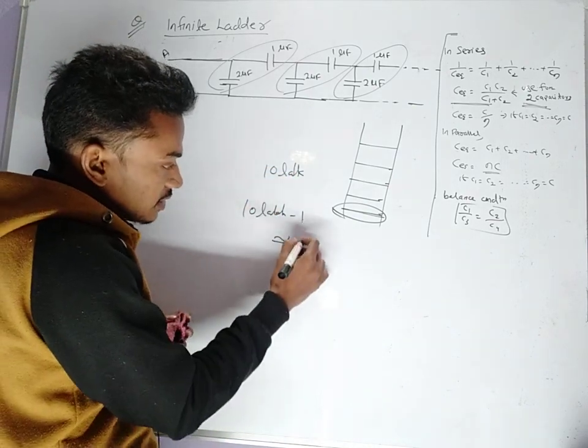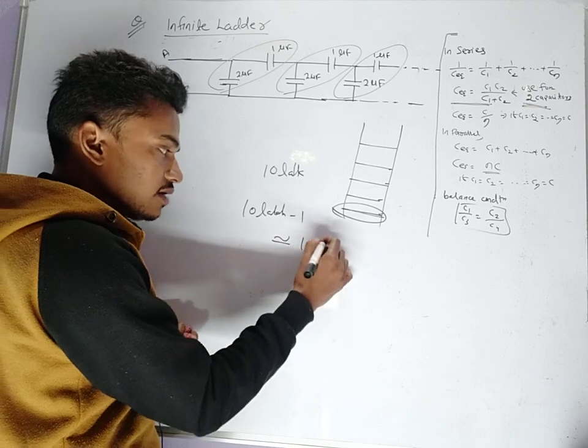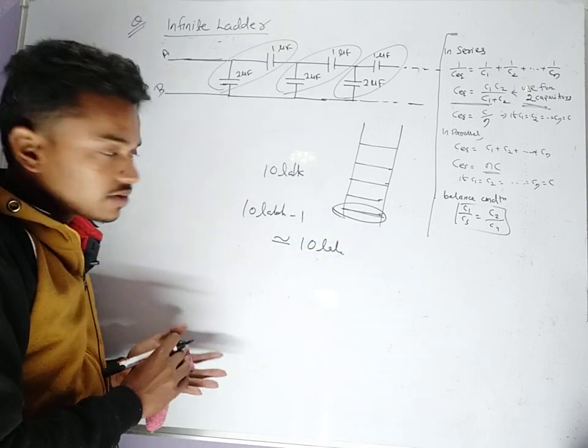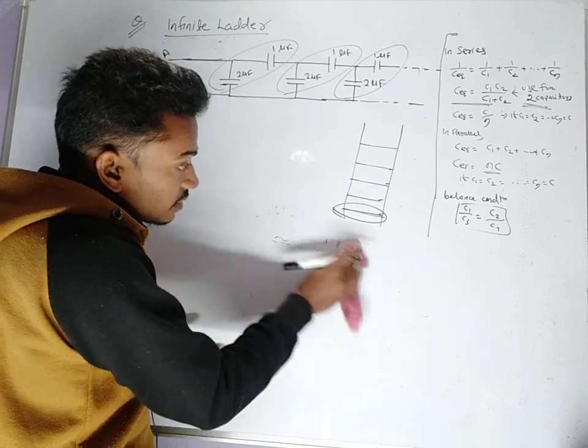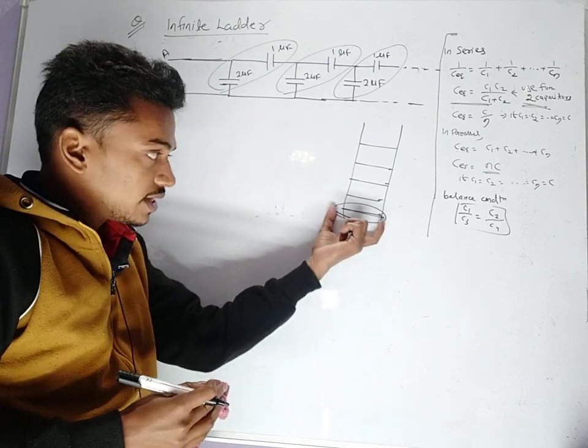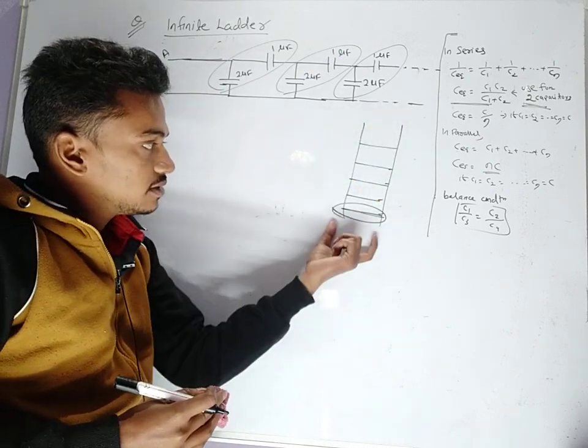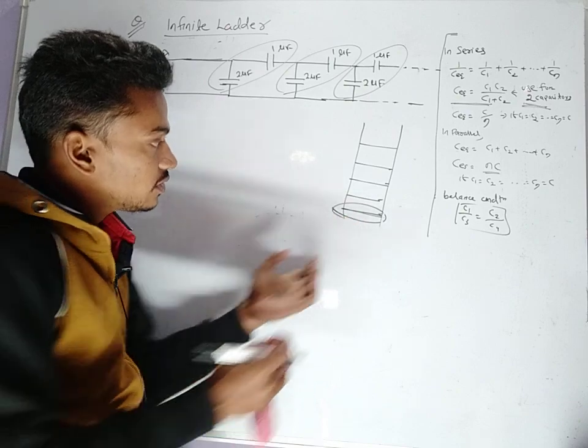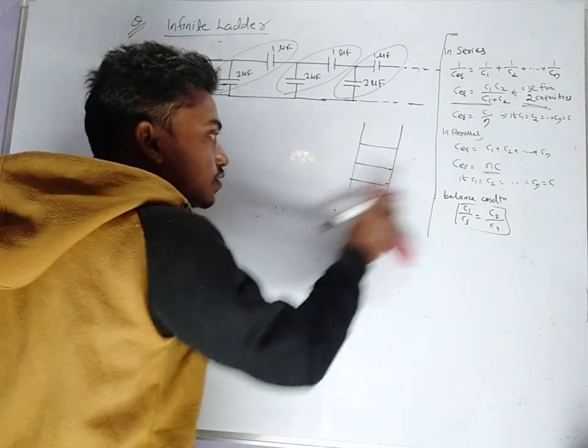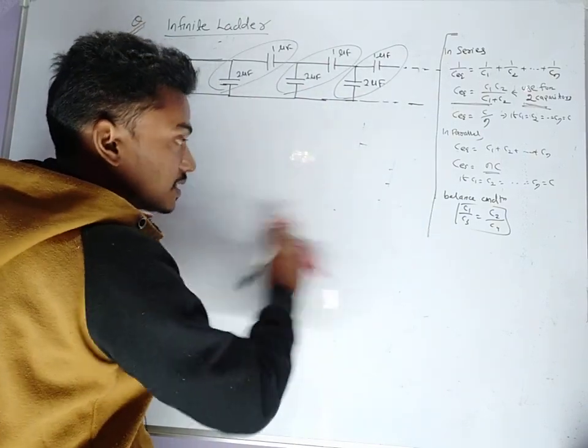So 10 lakhs minus 1 will be nearly equal to 10 lakhs. Similarly, if we remove one stick from the infinite ladder, the number of sticks does not change that much effectively.